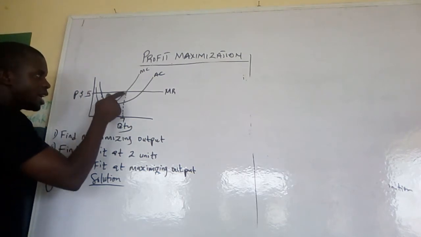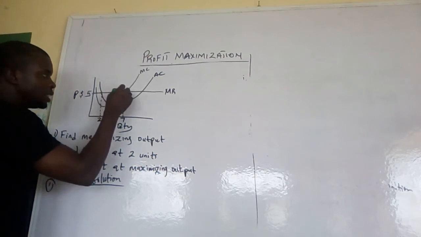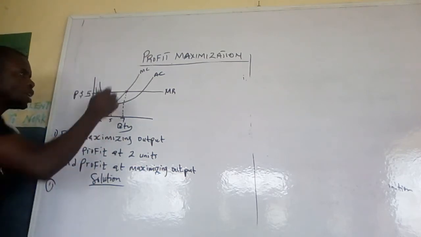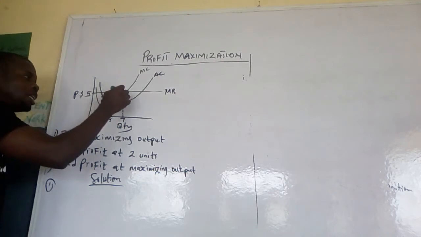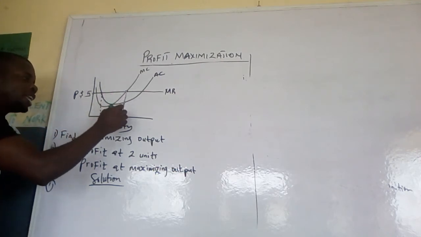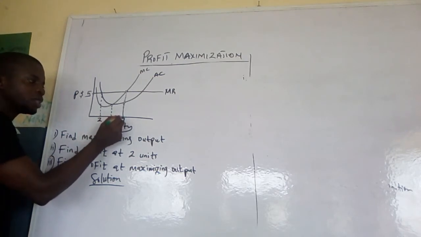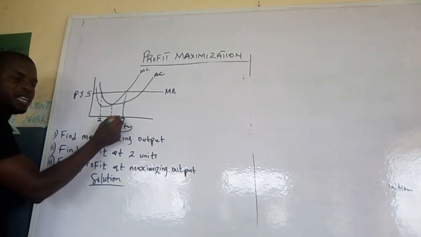But here, MC cuts MR from below, which means this is our point of maximizing output. Now, you trace it downwardly. Any output you find there is your maximizing output. It means this is the highest output that can be produced by the firm in order to make the highest profit.